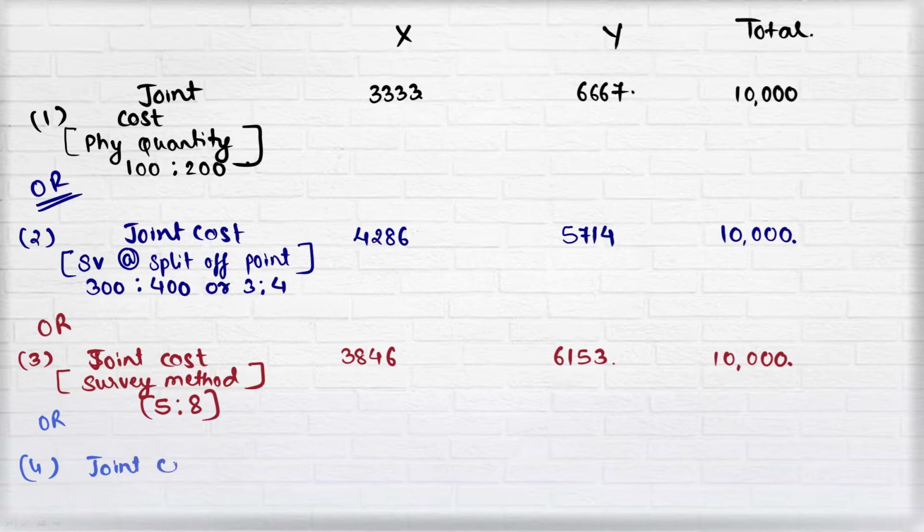My joint cost is 10,000. I will be distributing it at NRV at split off point. NRV at split off point.